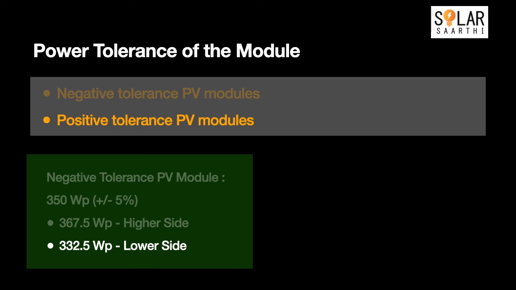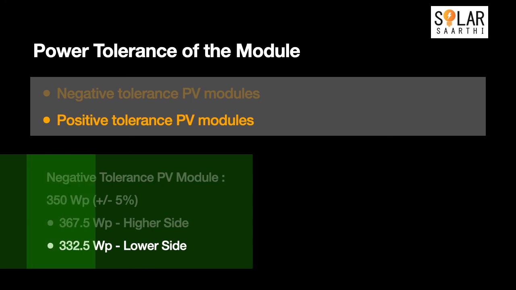So if you select a power module of 350 watt peak with plus minus, that is both positive and negative tolerance of 5%, then the module power rating would vary from 332.5 to 367.5. So you will not get 350 every time. You may get less than 350, that is 332, and you may get more, that is 367.